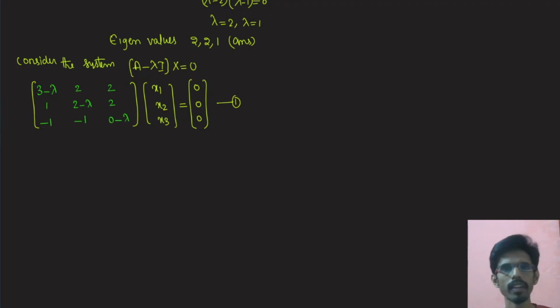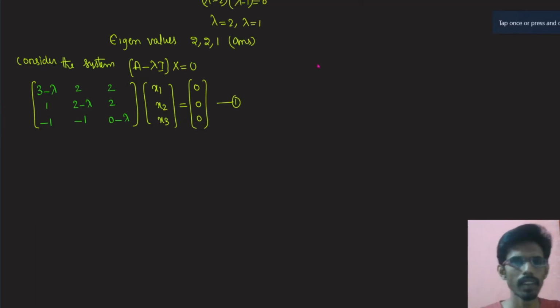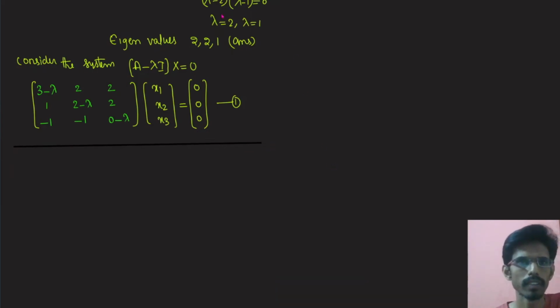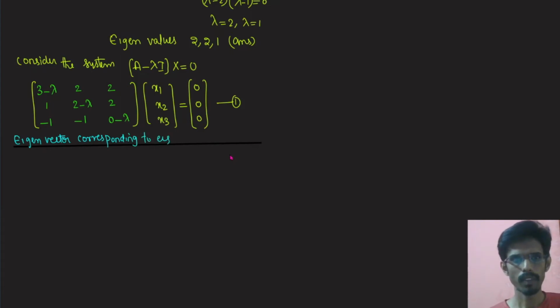Now we find the eigenvector corresponding to eigenvalue lambda equal to 2, that is the repeated eigenvalue.